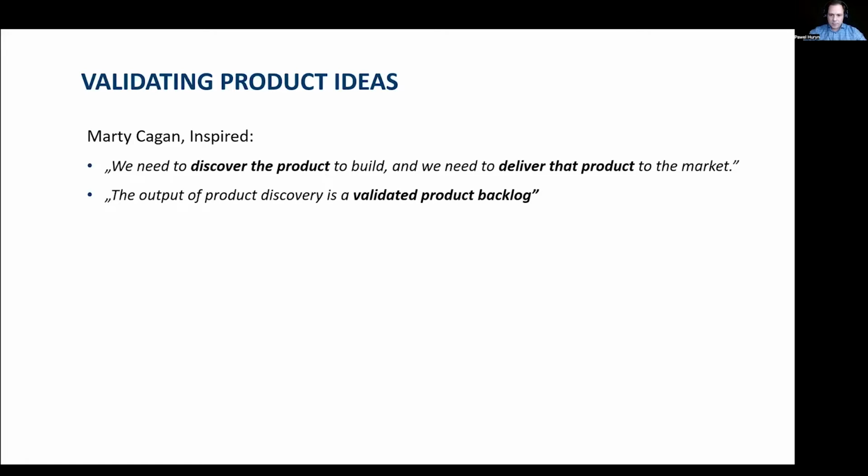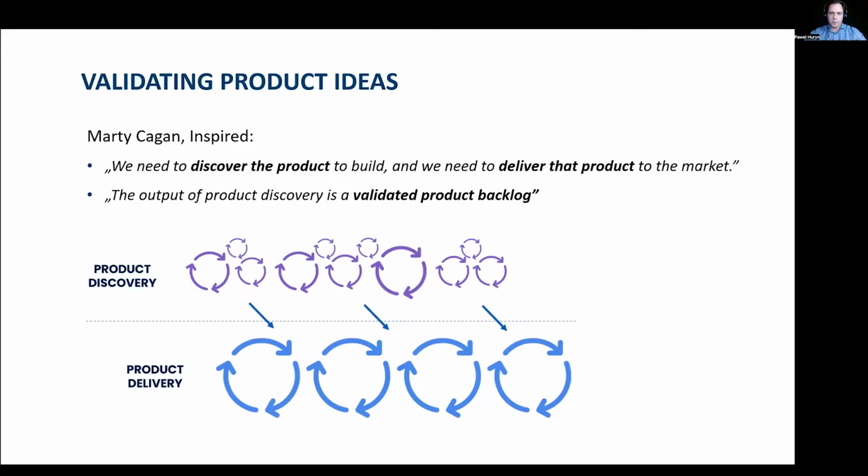And Jeff Patton and others in the Agile product space, I think many of you know Jeff Patton's work, have been big proponents of the approach that is commonly called dual track Agile or dual track development. So basically, we have 2 streams. One stream is about discovering what to build, and the other one is about delivering, building the product.